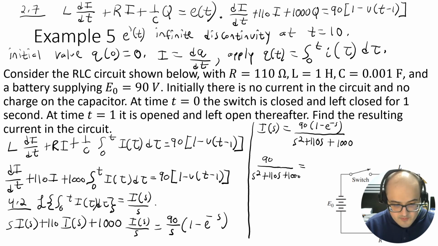This would give us, once we solve the partial fractions, when factoring that denominator, 1 over s plus 10 minus 1 over s plus 100.